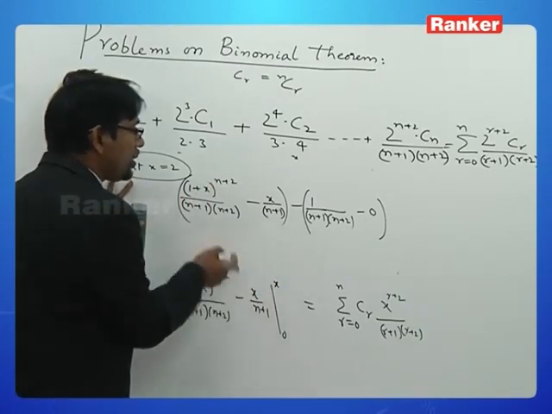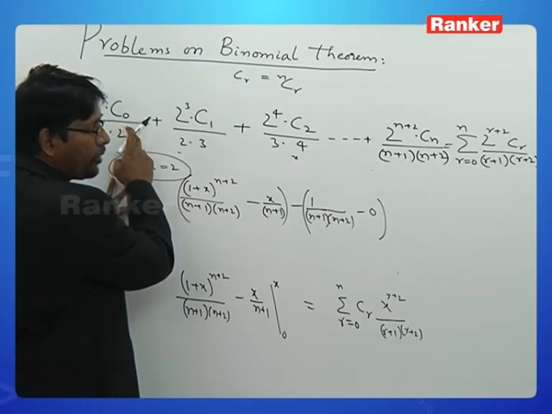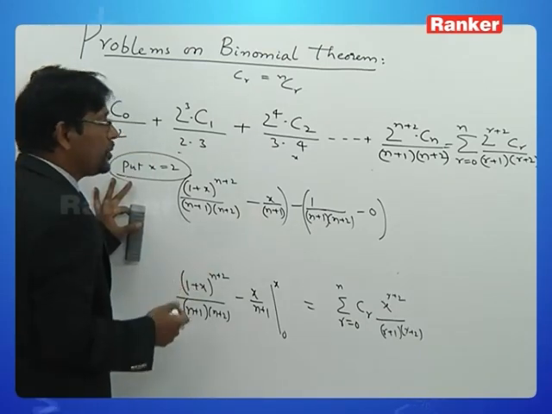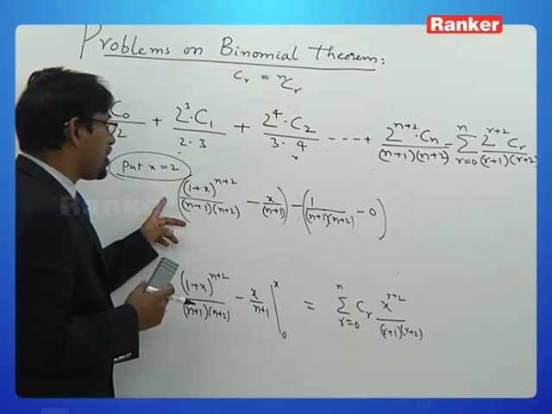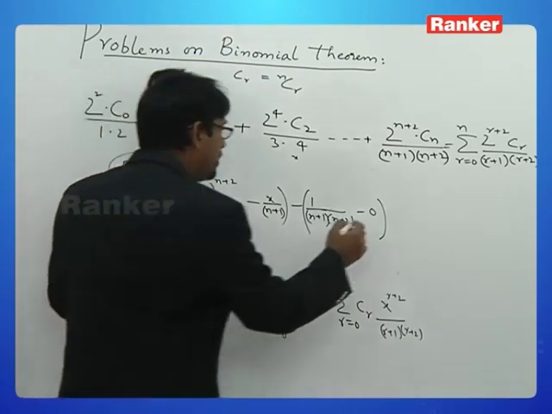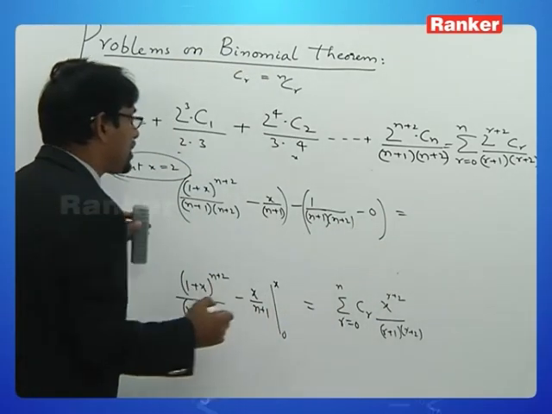The right hand side will match with the left hand side of what we wanted here by putting x equal to 2. So let's put x equal to 2 here.